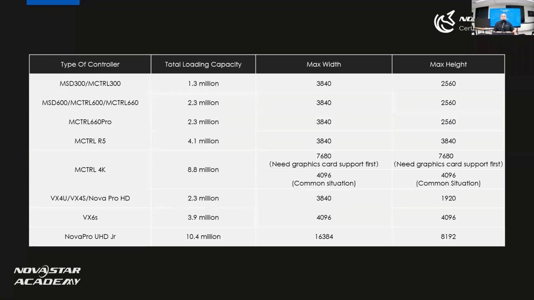So why do we want you to know the limitation of the width and height? Because we can use the loading capacity of one device divided by the maximum width, and then we can know the height which one single device can support. So sometimes it will directly affect which controller you can choose for the screens.